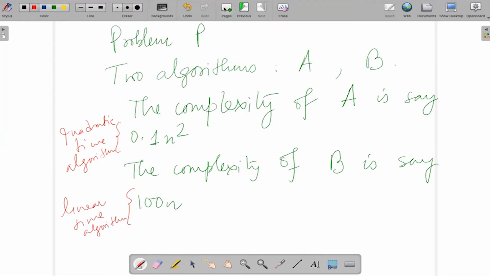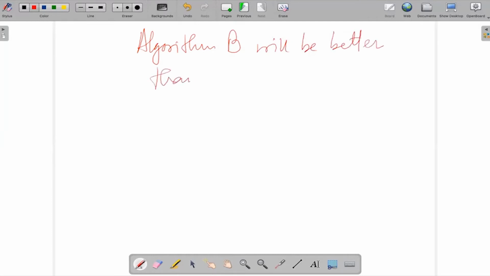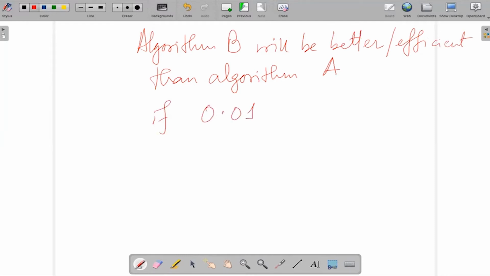We can claim that algorithm B will be better, or efficient, than algorithm A if 0.01 n square is larger than 100 n.